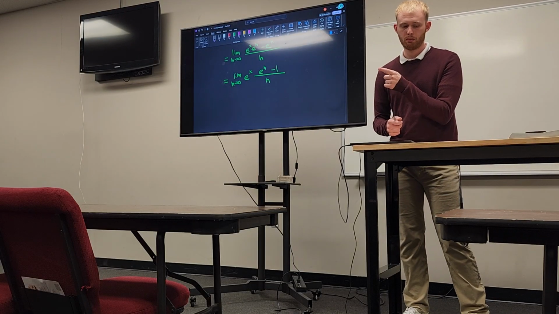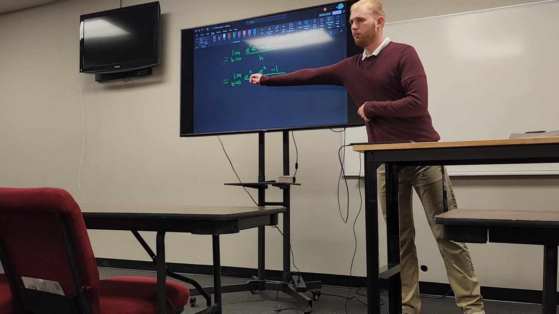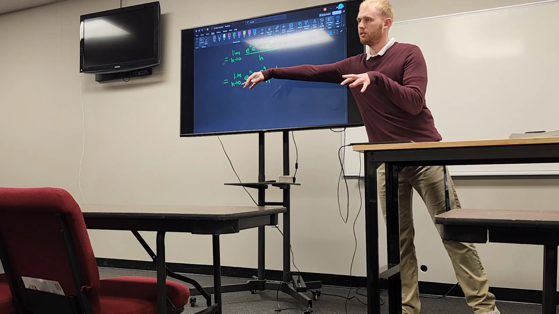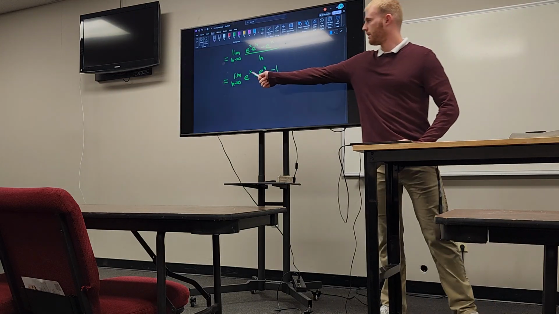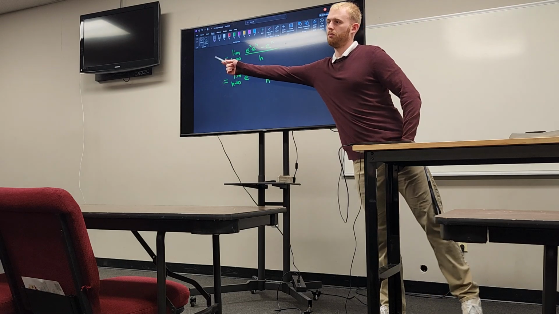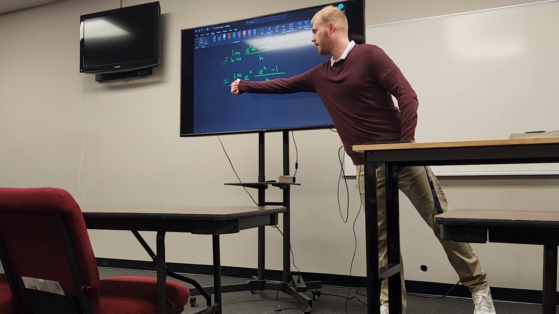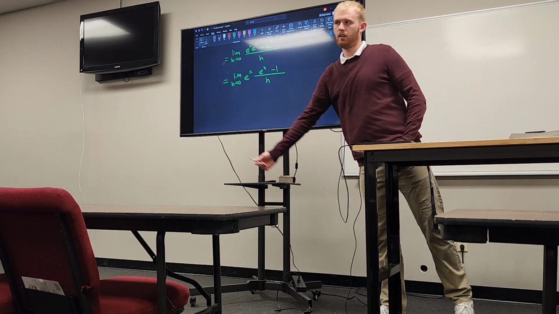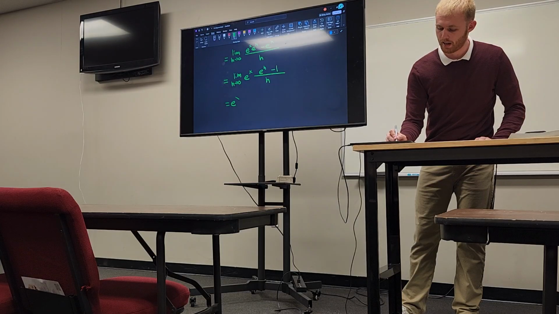But this e to the x is kind of in our way. Let's just get it out of the way. Do you remember the constant rule for limits? If I have a constant inside of my limit, I can just pull it out to the front because it doesn't have anything to do with this h variable at this point. I'll just have it tag along for the ride until the end.